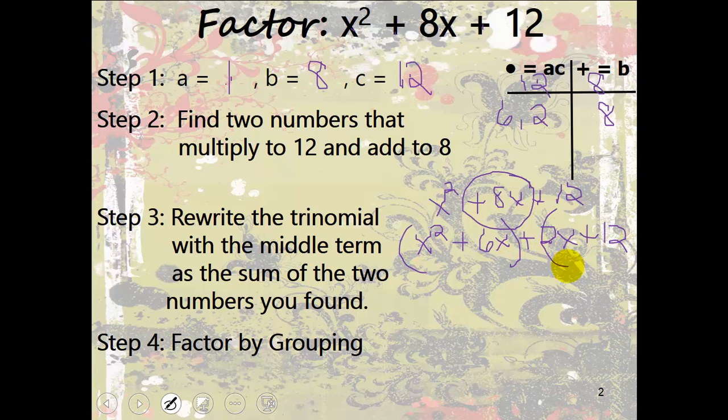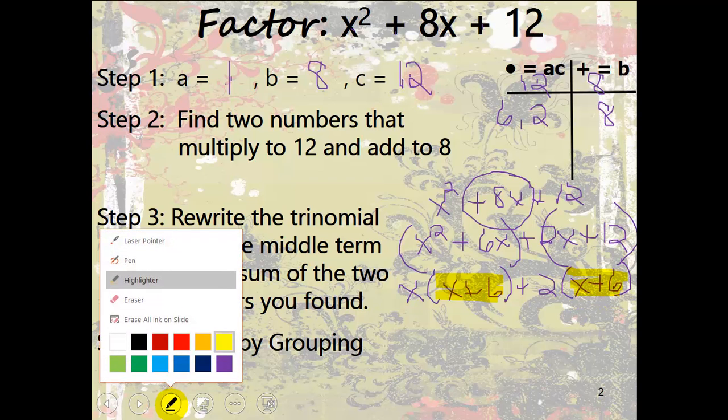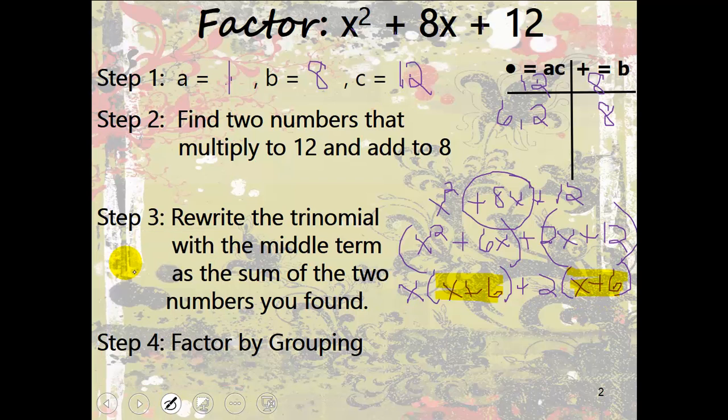I'm going to factor out the greatest common factor. Notice that I get a match. So my one binomial comes from x plus 6, and then my second one comes from x plus 2. And I'm done.